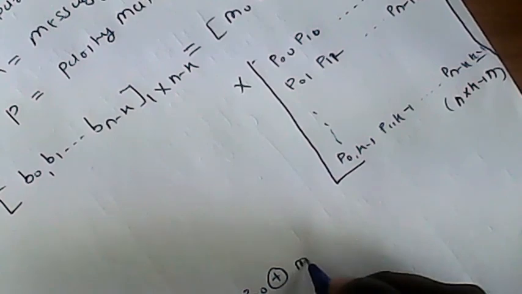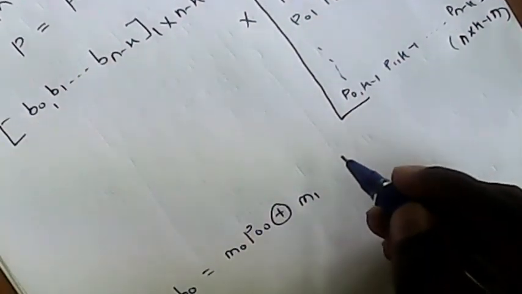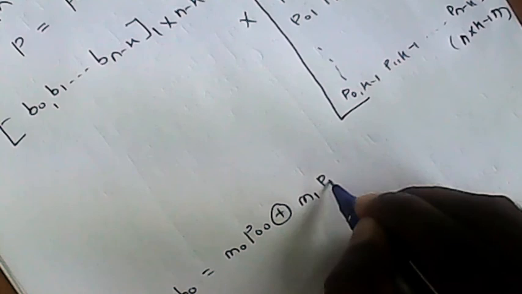We multiply it out and we get the parity vector bits. b0 is equal to m0 into p00 plus m1 into p10 plus m2 p20 up to m(k minus 1) into p(k minus 1)0.